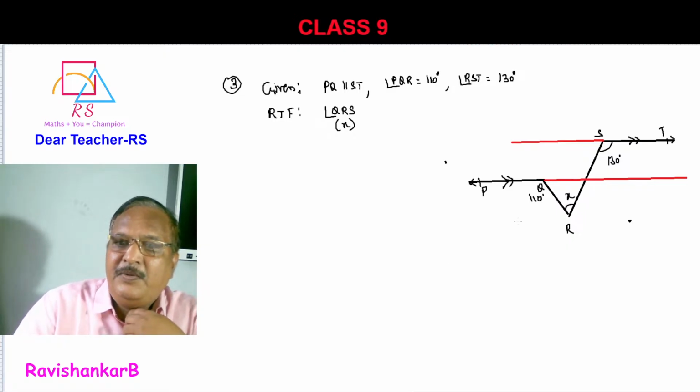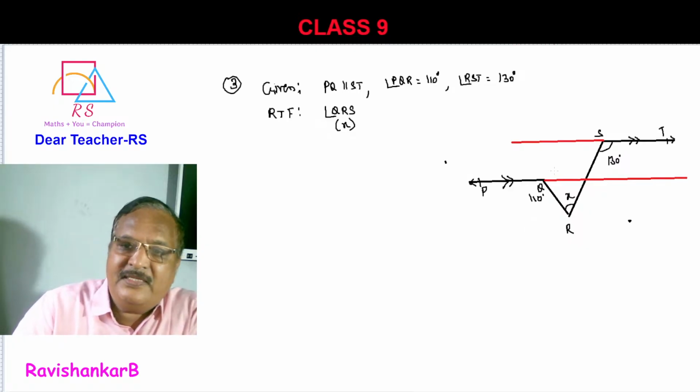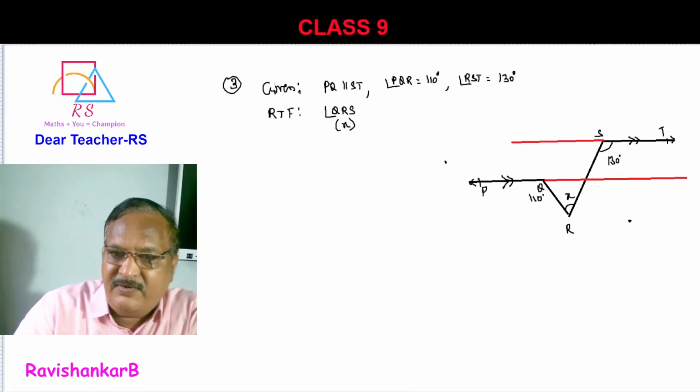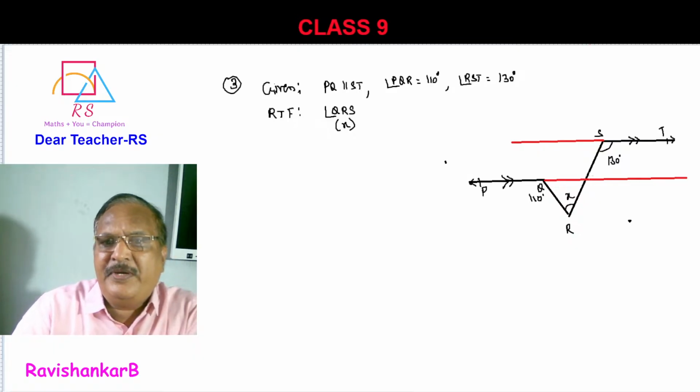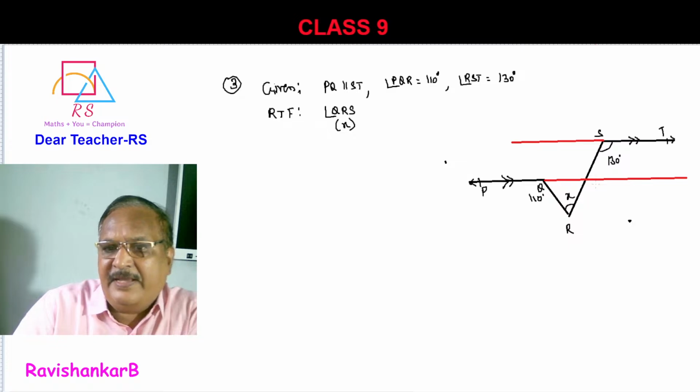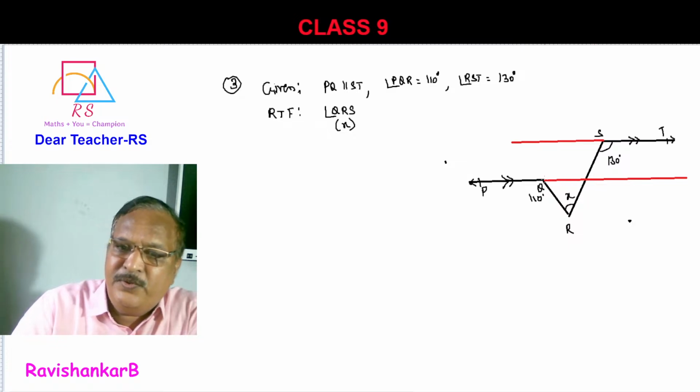Okay. Now there are two parallel lines. Using that concept you can find out. There are two parallel lines, right? So you can do it in n number of ways. You can have one more parallel line.